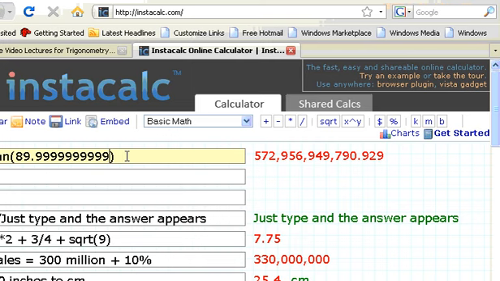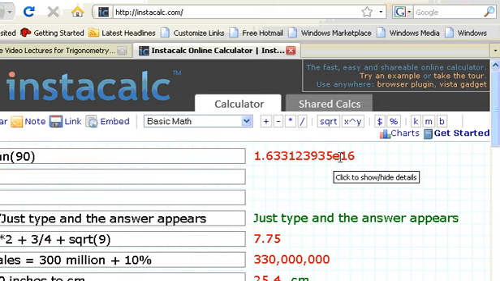Now, I don't know if this calculator can handle 90 degrees. Let's see, what does it say? Okay. You have to be careful how to read this thing. What is E16? What does that mean? Your calculators typically show that kind of a symbol as well. It's an exponential notation.